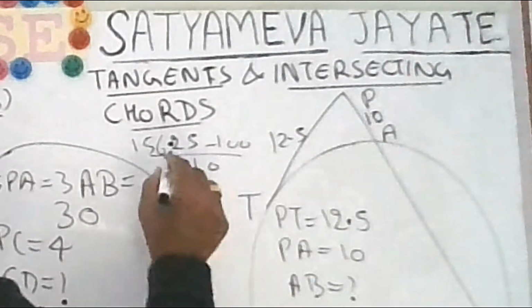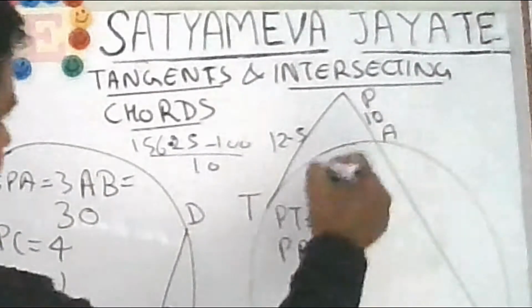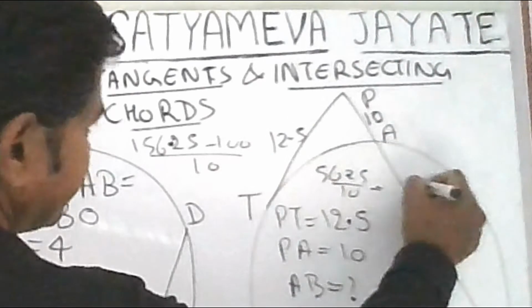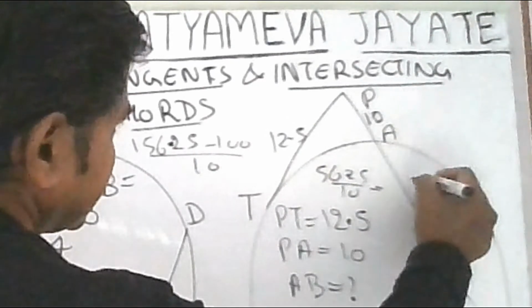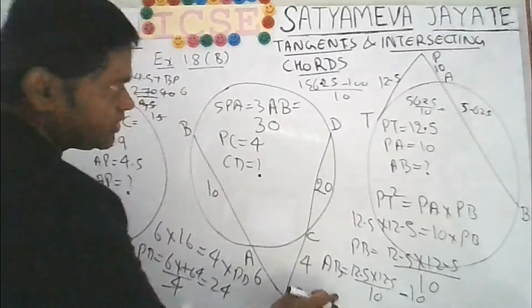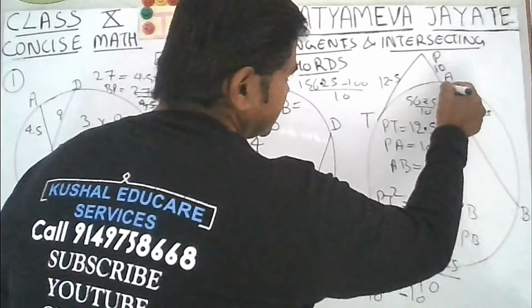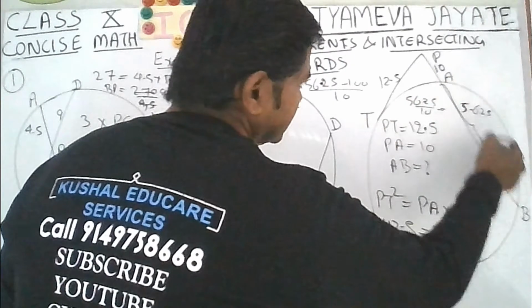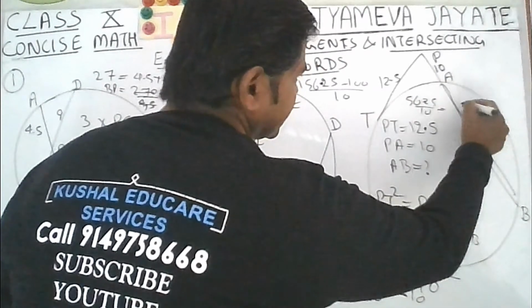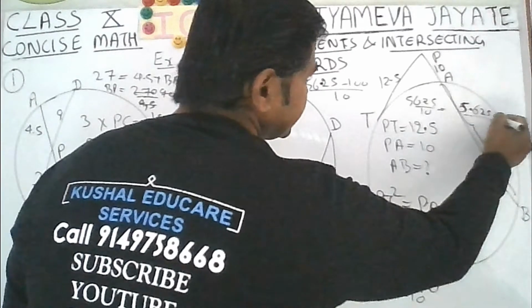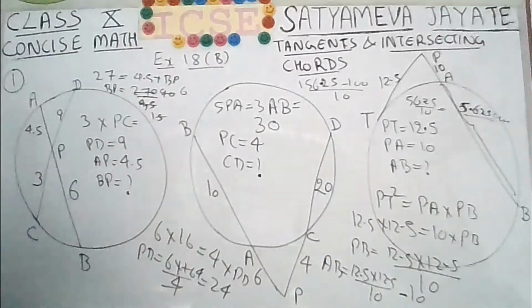So you will be getting 56.25 divided by 10. So we will get 5.625. So this will be your AB. AB will be, if you solve this length, it will come out to be 5.625 centimeter, whatever units they have given. Okay, so like this you can solve question number 1.